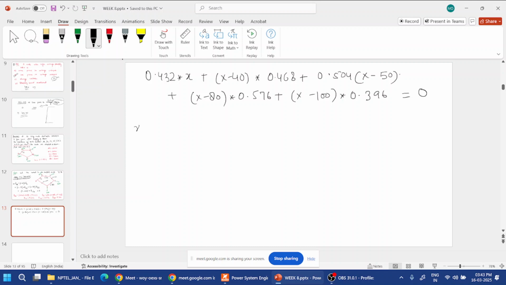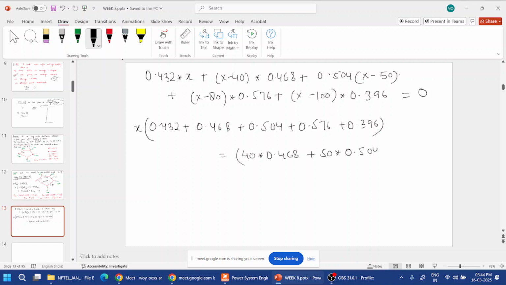We can take x terms one side: 0.432 plus 0.468 plus 0.504 plus 0.576 plus 0.396, equal to the other values: 40 into 0.468 plus 50 into 0.504 plus 80 into 0.576 plus 100 into 0.396.